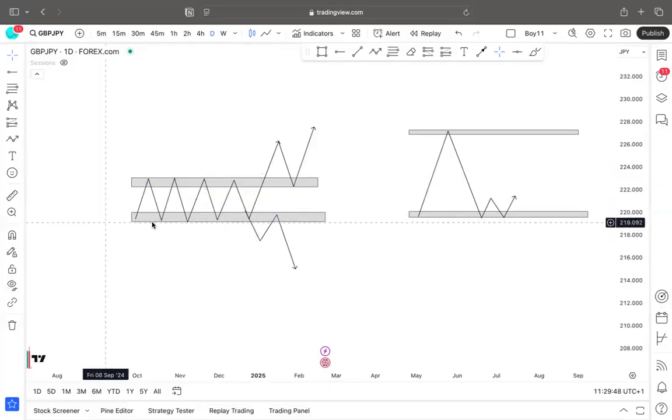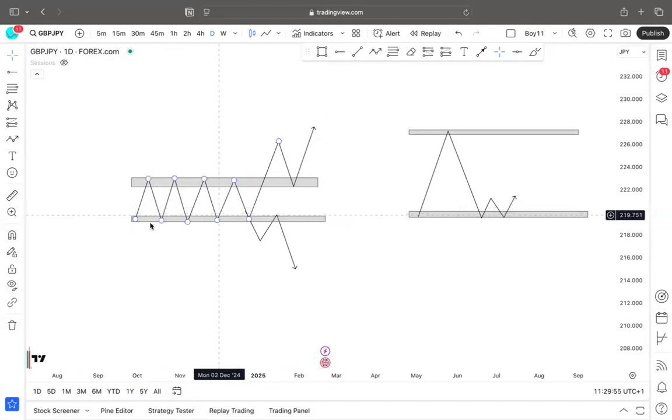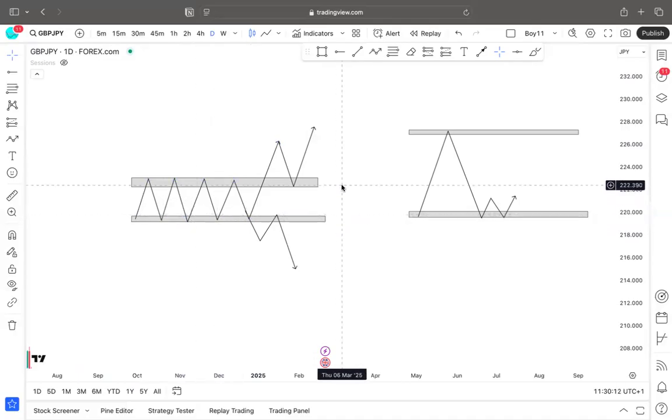If the market is trading in this particular zone and refusing to break out of it, it does not prove that because the market is touching here a little bit, there's a breakout. That does not prove anything. It only shows that this level would act as a strong support and resistance.